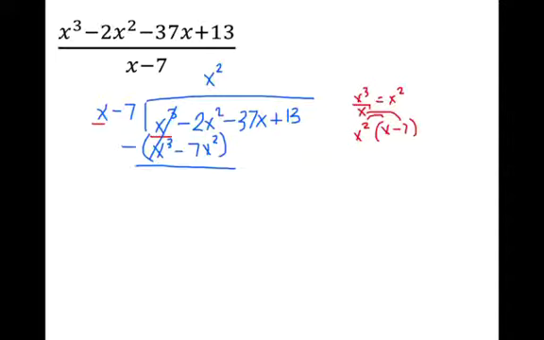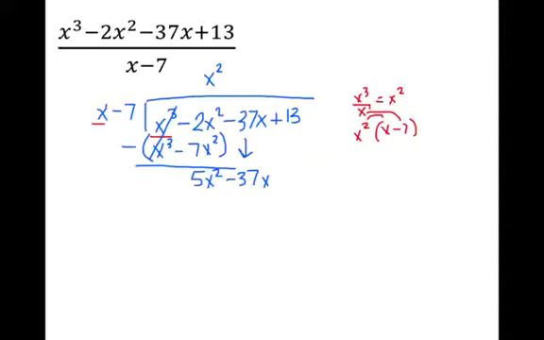But I have to be really careful when I'm subtracting here, because it's not just the first number you subtract, it's everything that I need to subtract. So I need to go negative 2x squared minus negative 7x squared. This is really adding 7, so this gives me a 5x squared. And then I'm going to bring down this negative 37x, and we repeat the process.